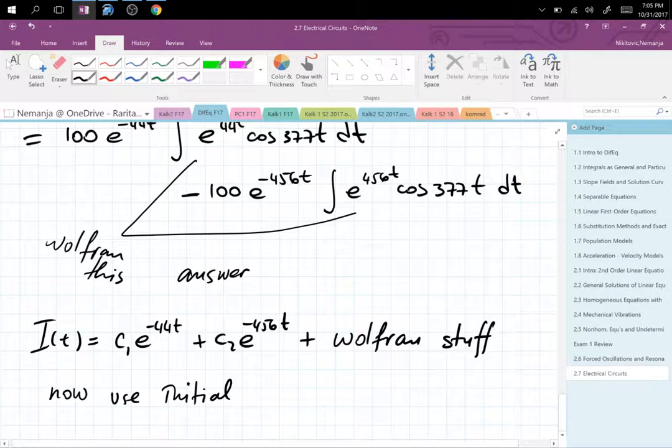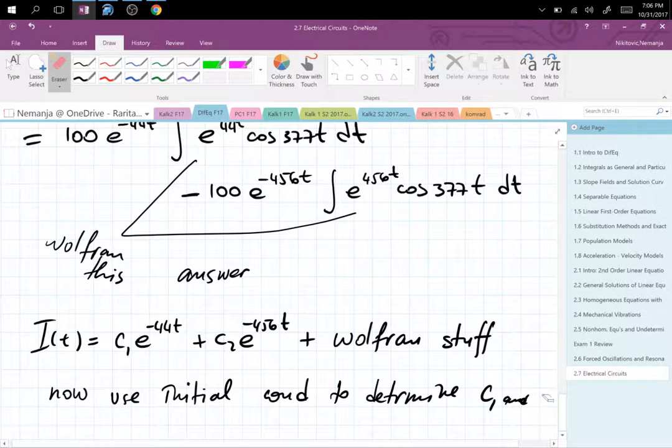Figure this stuff out, then use the initial conditions to determine C1 and C2, which is an additional 20 minutes, and you're all set. You're done.